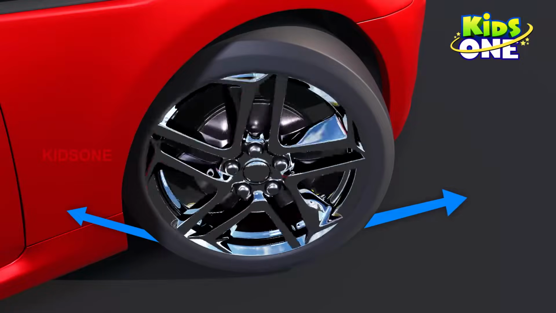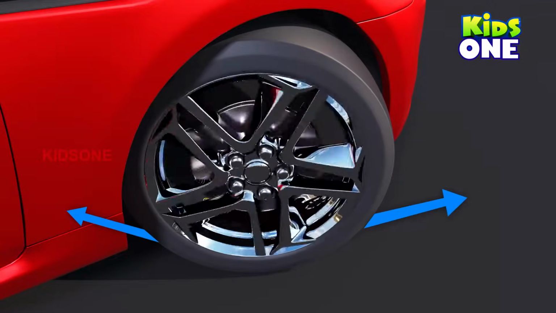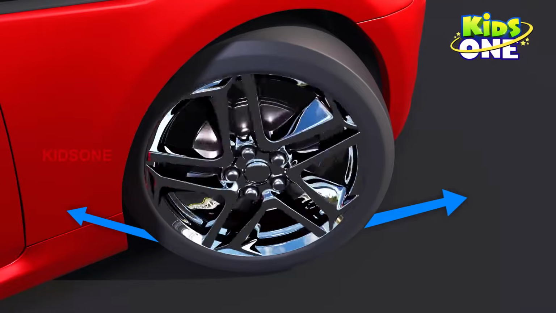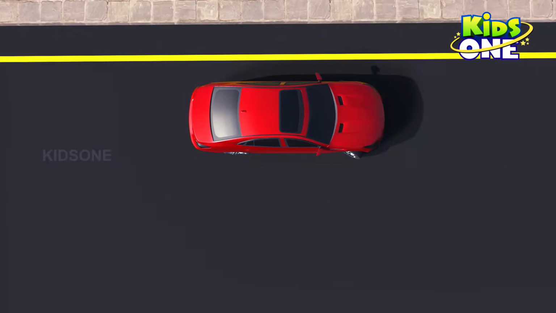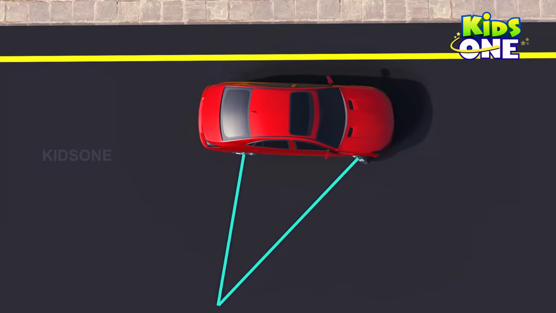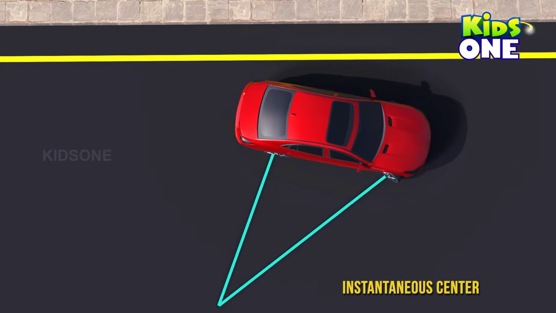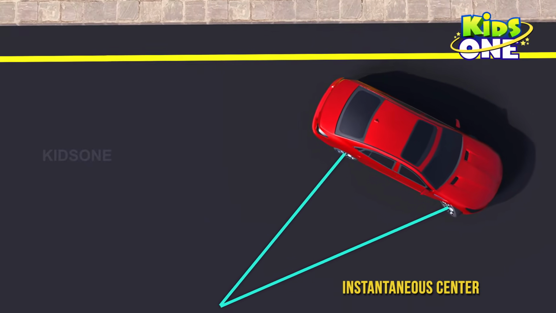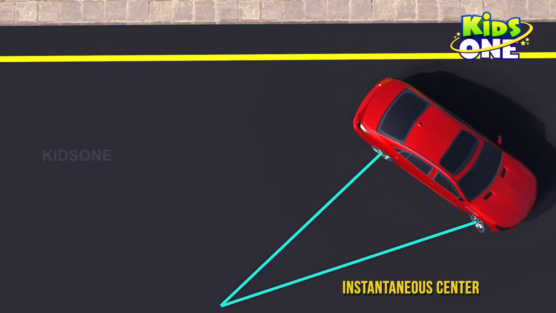This will generally cause the car to slip. The only way to avoid this situation is making the sum of translational and rotational velocities zero. This is possible only when the whole car takes the turn.